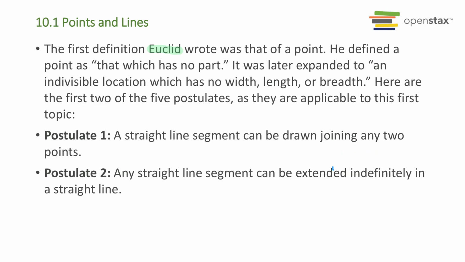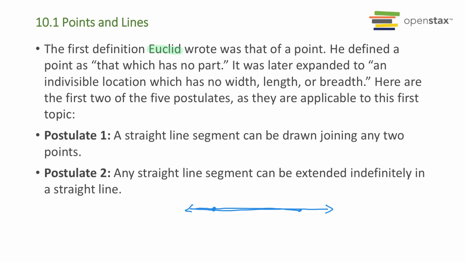And then postulate 2 says any straight line segment can be extended indefinitely in a straight line. The idea is that you've got these 2 points. If you connect them and they stop, that's a line segment. And then if it keeps going forever, which we denote by little arrows, then that is a line, and that goes on forever.